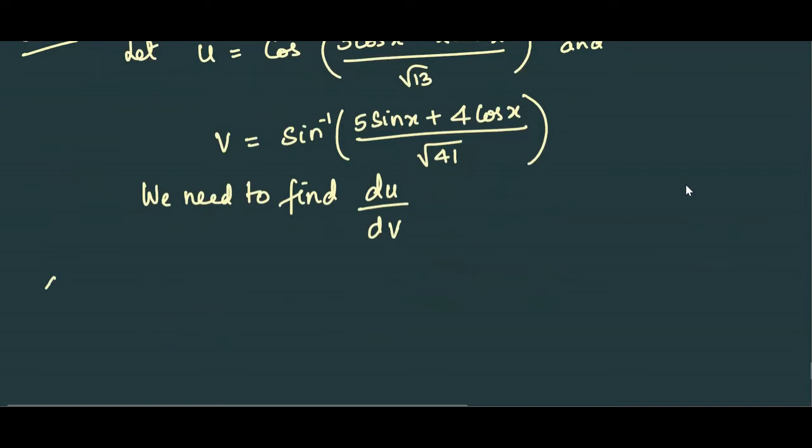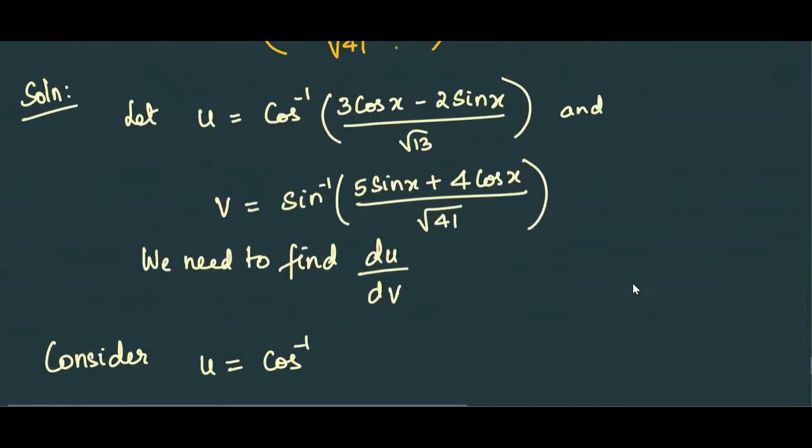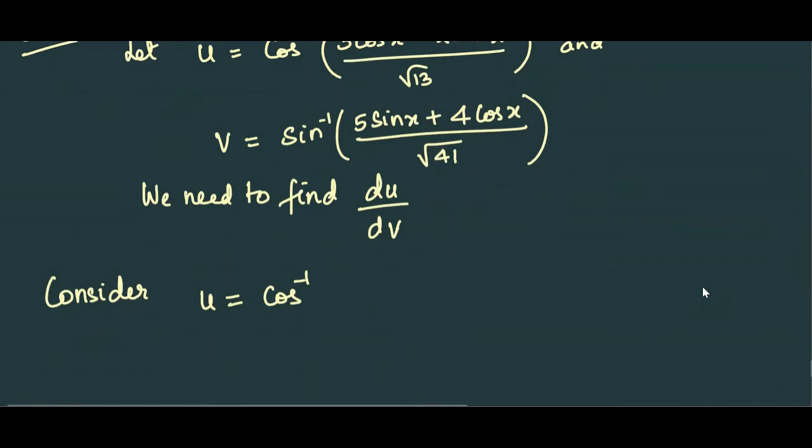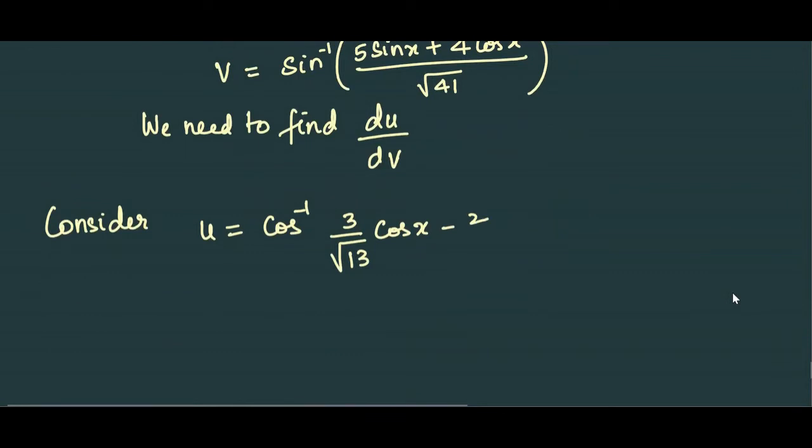So consider u. Now we'll simplify u. Consider u as cos inverse of 3 cos x minus 2 sin x by root 13. I will write this as 3 upon root 13 cos x minus 2 upon root 13 sin x.